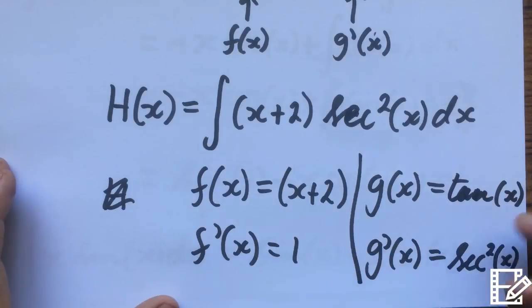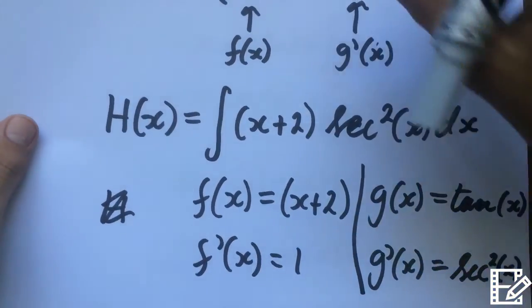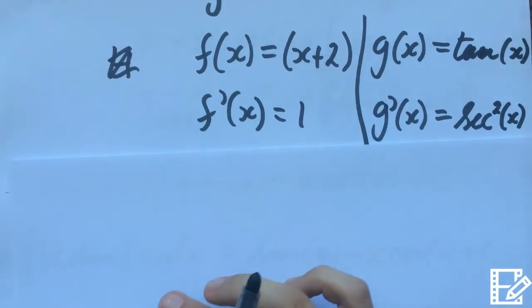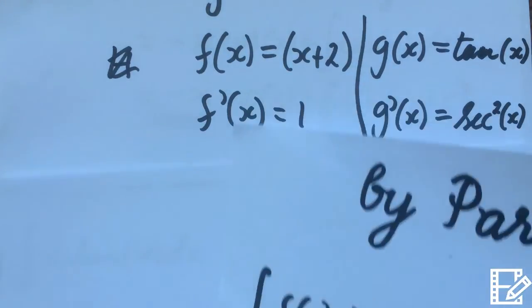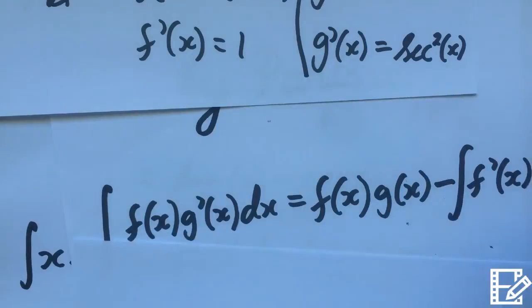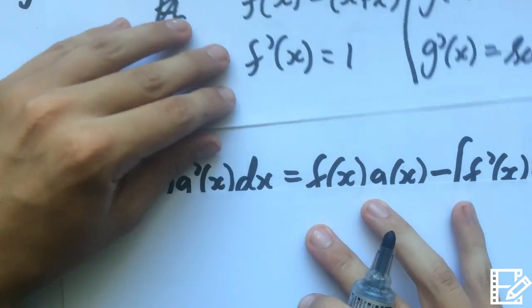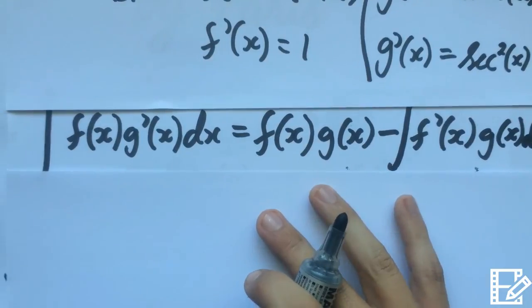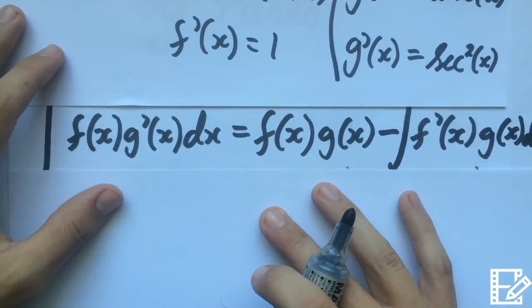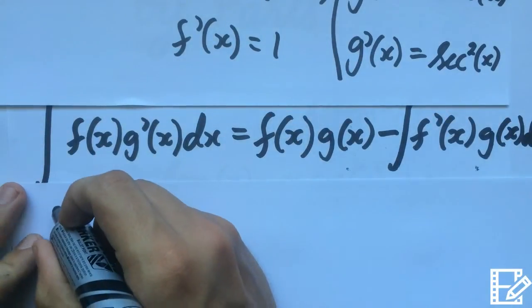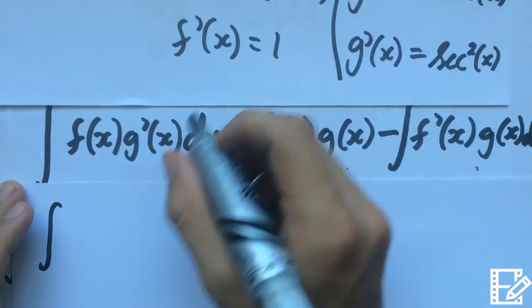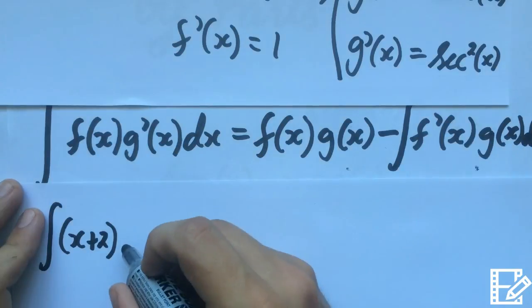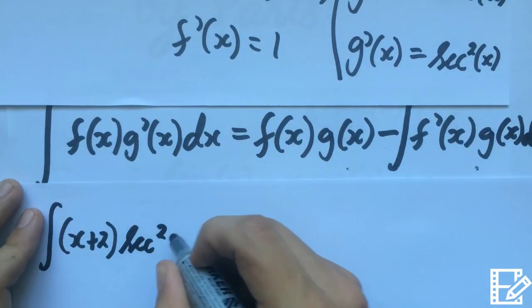Okay, so now we've got this. Let's write it out. We're going to put this behind, because we're going to rewrite this formula using our new values. Okay, so we have the integral of f(x), x plus 2, g'(x), sec squared of x.